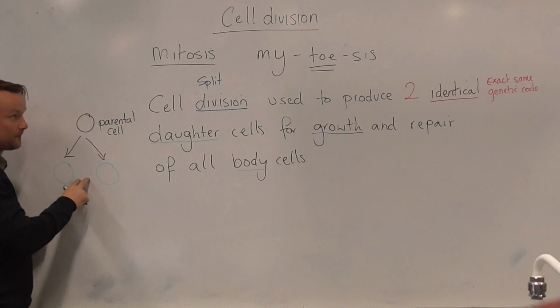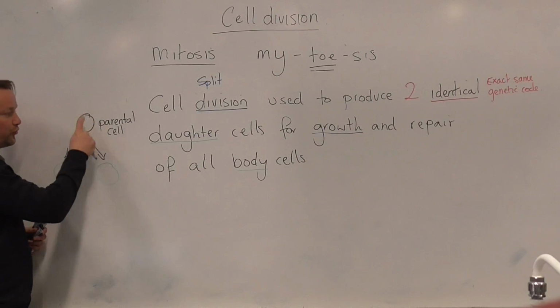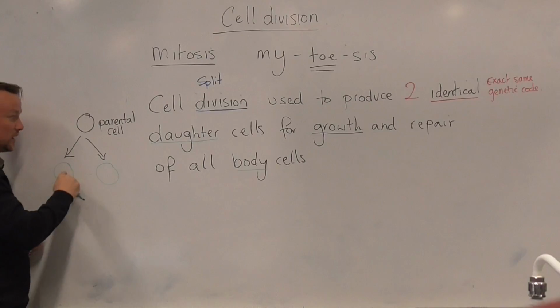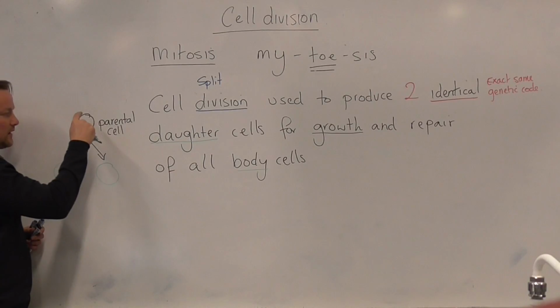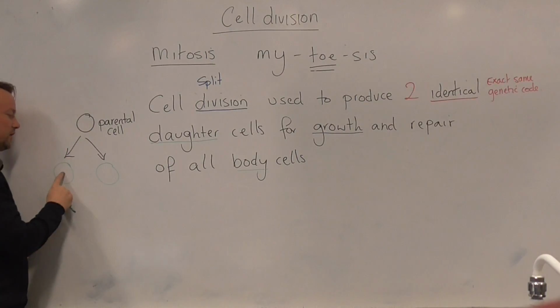These two cells here are identical to the parent cell and to each other. So if we were to look at the DNA contained within the parental cell, it would be identical to the DNA within the daughter cells here.